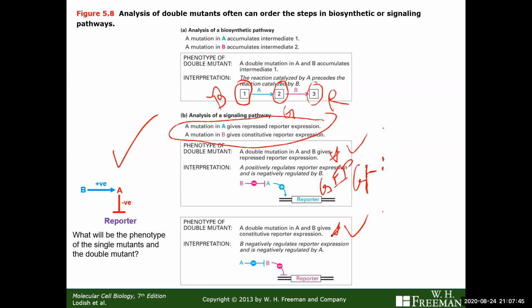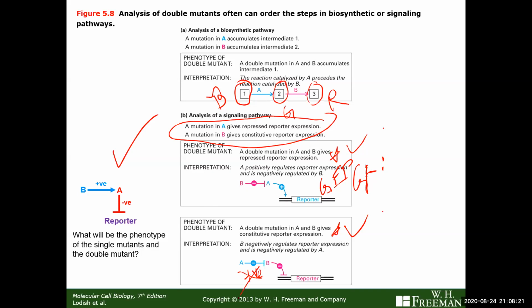So how do you do it? This is when you can tell that B negatively regulates the reporter, because if you have a mutation in B, you get constitutively active reporter expression. And because A mutation gives repressed reporter expression, A cannot positively regulate B, right?